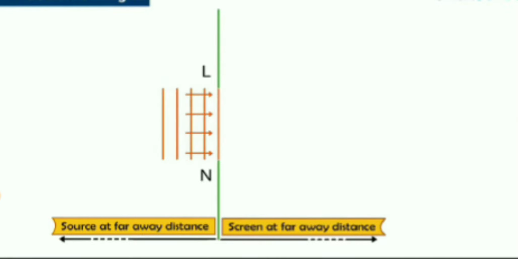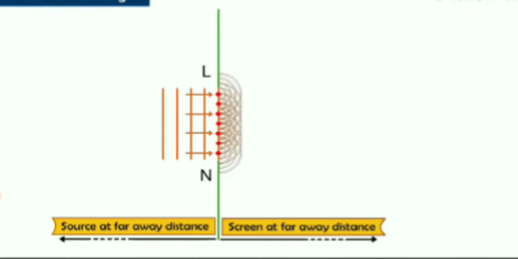When a plane wave front is incident on the slit, all the points of the plane wave front are in phase. According to Huygens principle, every point on the wavefront acts as a source of secondary wavelets that spread out in all directions with a speed equal to the speed of propagation of the wave. Consequently, we find so many microscopic point sources of light between L and N which produce secondary wavelets.